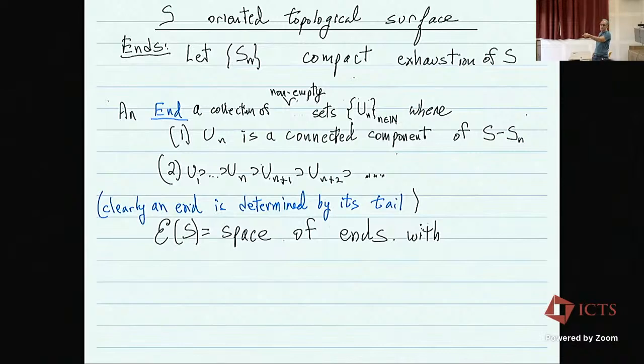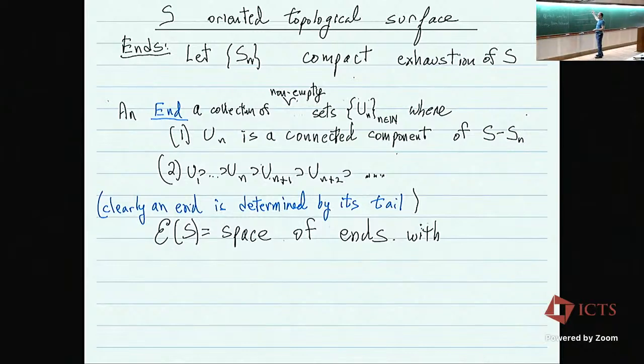Choose one, that's Un. And then an end is going to be a sequence of these. So you start with U1, you have U2, and they're nested. And so, for example, here's an example.